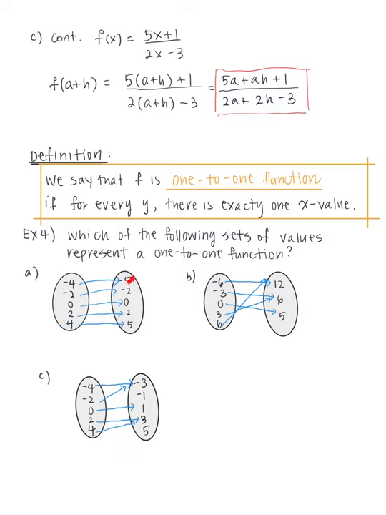Now, for each y value, is there exactly one x value? I believe so, because when y is negative 5, that guy only goes to negative 4. When y is negative 2, that guy goes to negative 2 only, and so forth. So in this case, yes, this is a one-to-one function. So I'm going to write it as one-to-one.